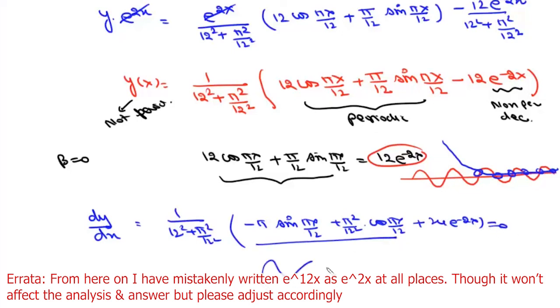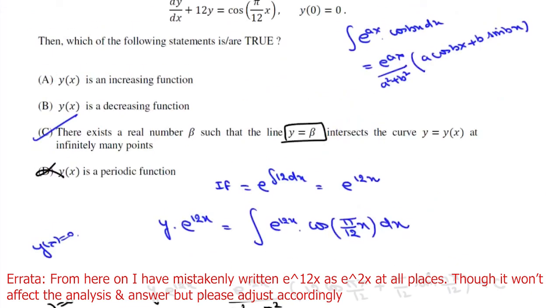Again, this is a periodic function, and this exponential function will decrease, so there will be infinite points at which dy by dx is 0. And if dy by dx is 0, that means somewhere it is positive and somewhere it is negative. So it is neither strictly increasing nor strictly decreasing. That means options A and B are also incorrect. So the only correct option in this case is option C.